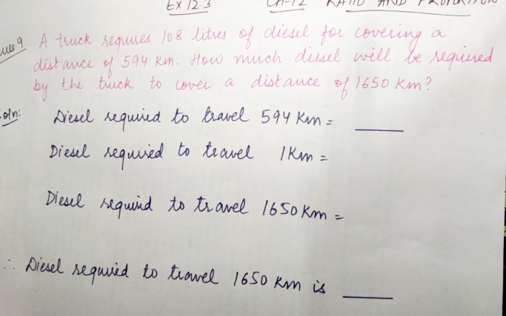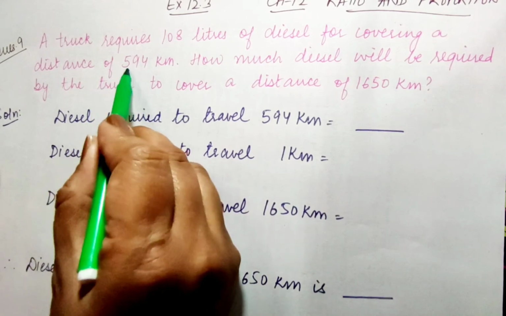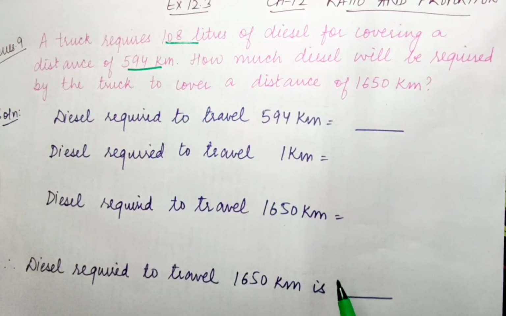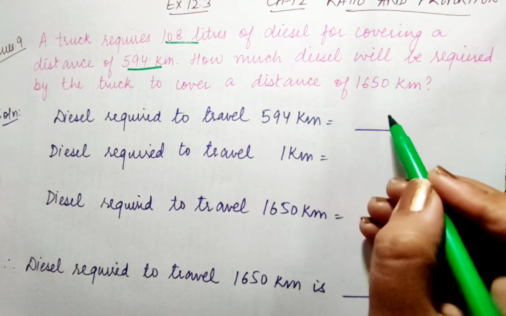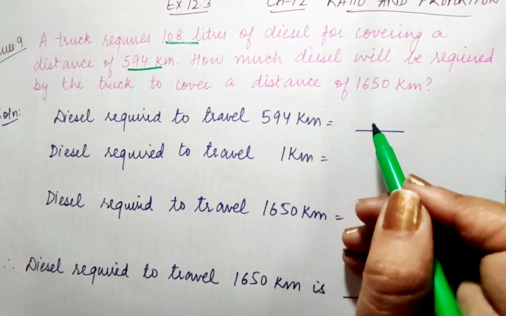Now let's check question number 9. So a truck requires 108 liters of diesel for covering a distance of 594 kilometers, right? How much diesel will be required by the truck to cover a distance of 1650 kilometers? So again we need to find out the quantity of diesel. So here to the right side of equal to, quantity of diesel should be there.